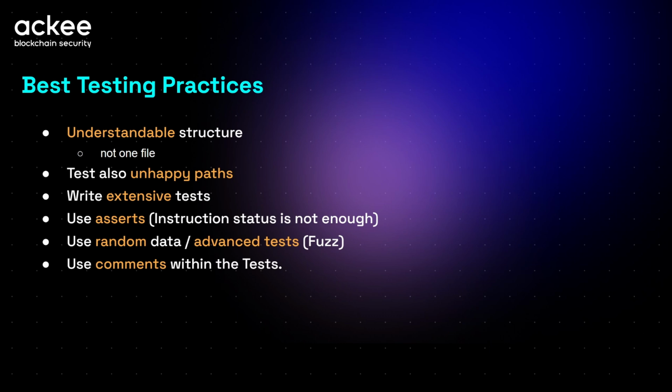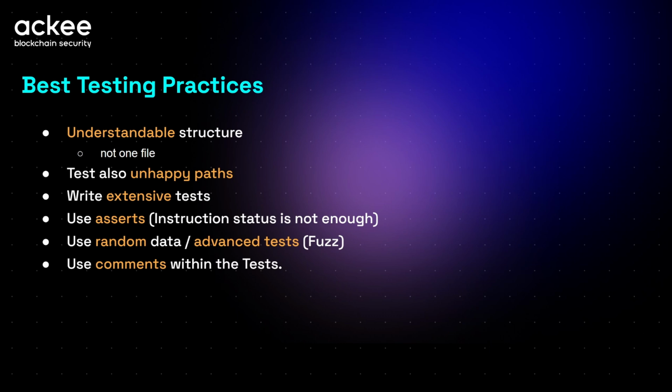That means when the instruction should update or initialize accounts, or update fields within accounts, after the instruction passes or also reverts, you should use assertions to check the contents of each account that was mutable within the instruction. So you should check if the updates were made as expected.